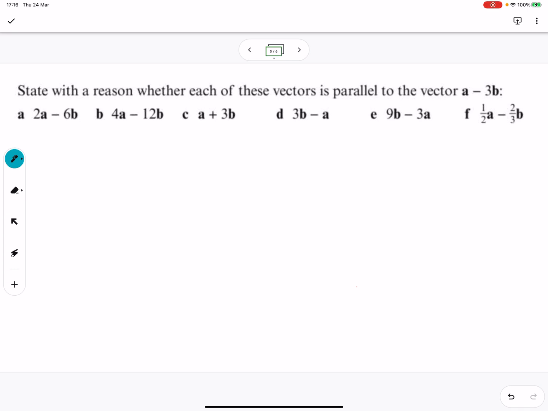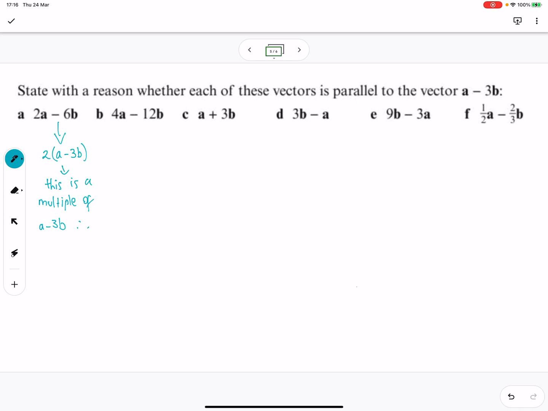Exactly. So we can make that very, very explicit by rewriting it like this. Factorizing out the 2, we have a 2 outside, and we're left with a minus 3b on the inside. And then we can clearly see, so that's how you write it down. Yes. And we can say this is a multiple of a minus 3b.